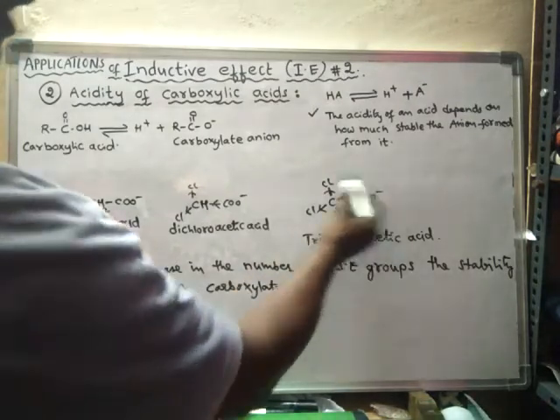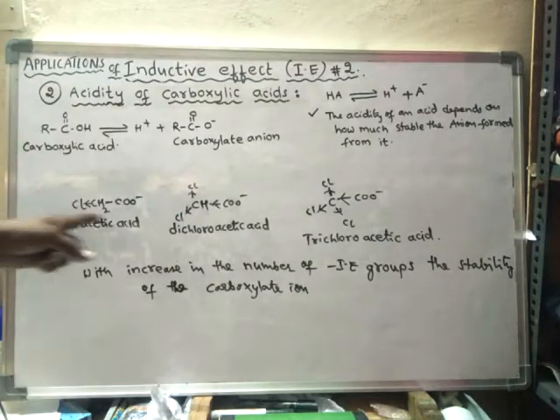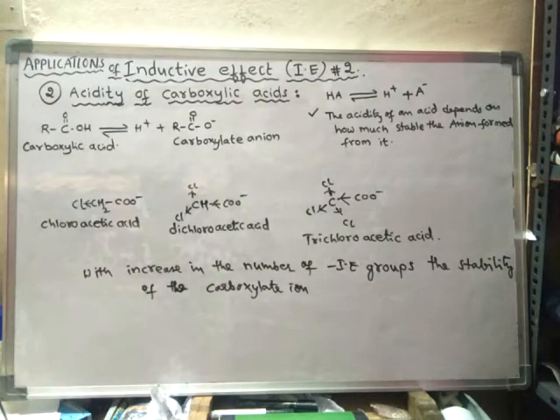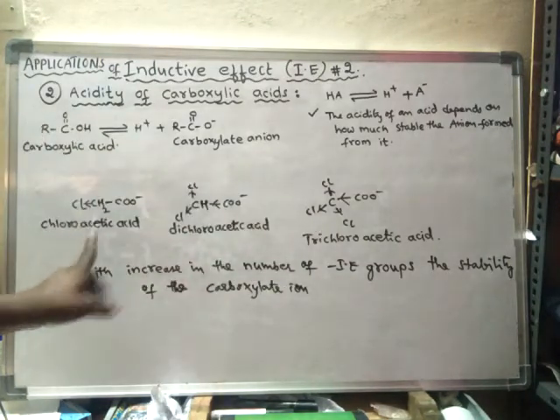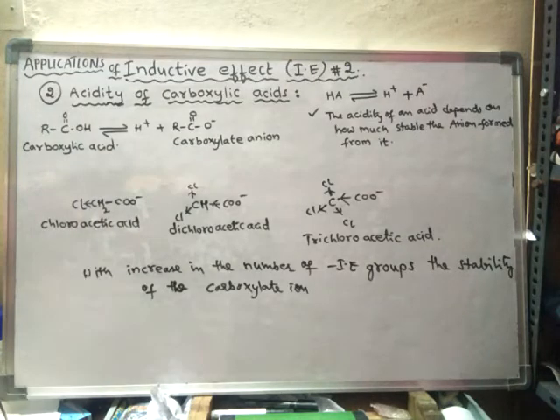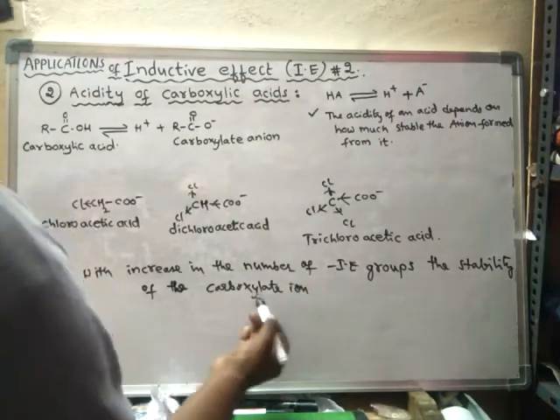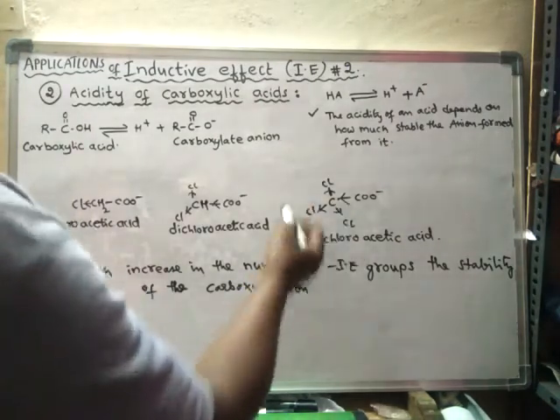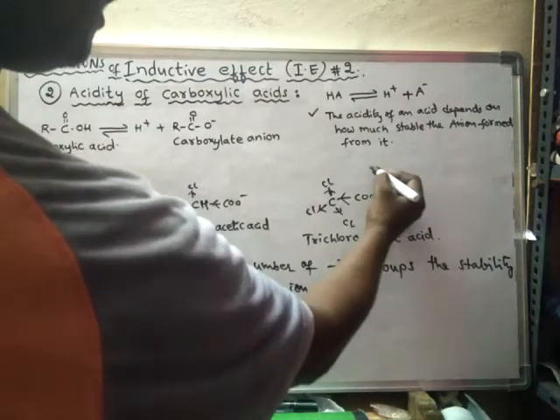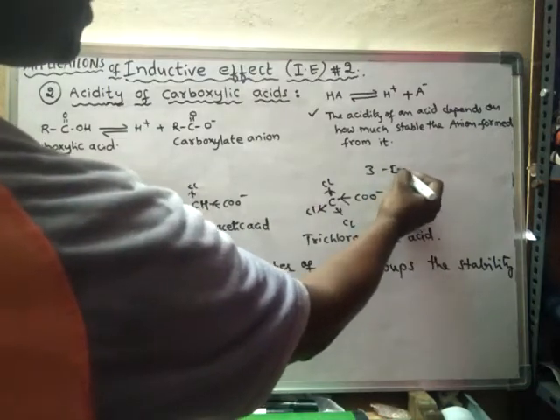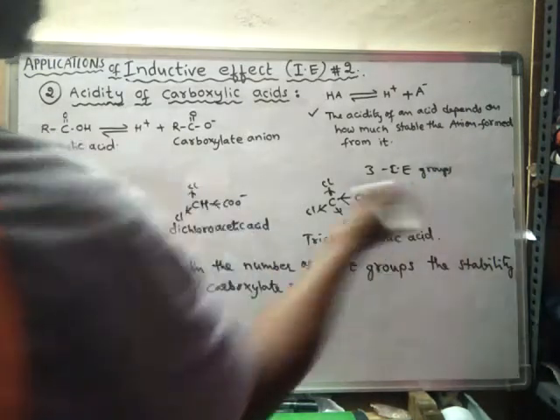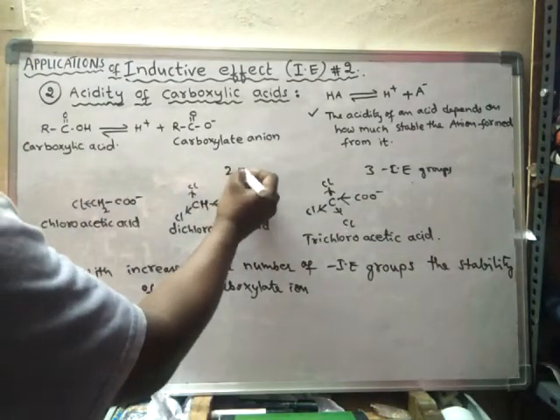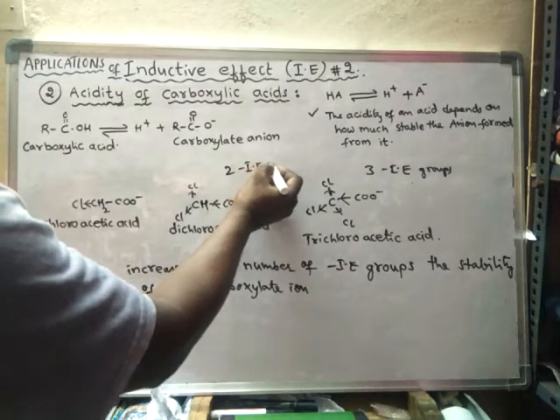This is a carboxylate ion, this is also a carboxylate ion, and this too: chlorocarboxylate ion, dichlorocarboxylate ion, and trichlorocarboxylate ion. All these are carboxylate ions only. Here three minus IE groups are present, but here only two minus IE groups are present.